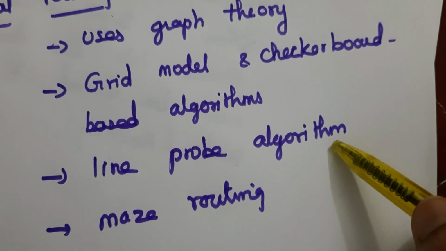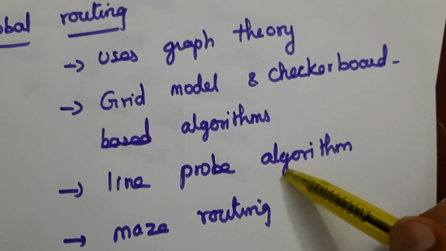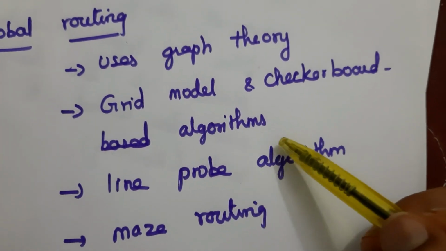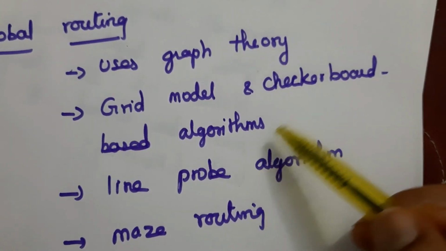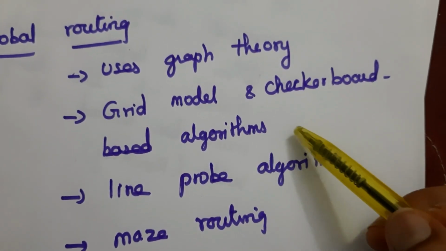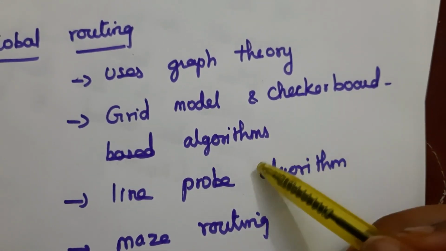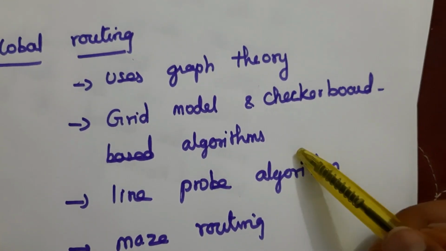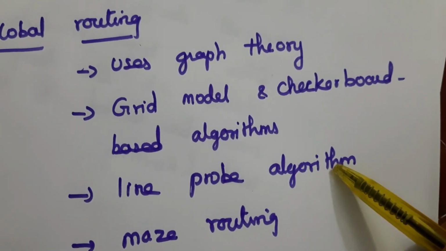If you consider the line probe algorithm, it draws many lines from the starting point to the destination, and it selects the line that connects the source and destination without any interruption. That is, the line does not cross any other module. It selects that line path, and that is known as the line probe algorithm.